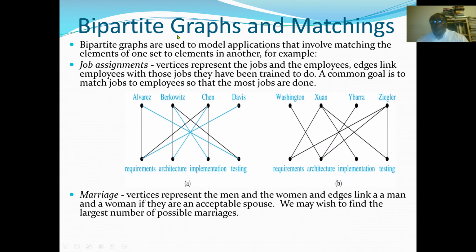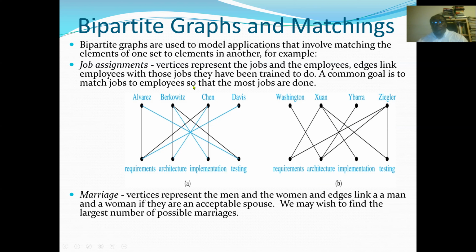And this is another example, for bipartite graphs and matching. Bipartite graphs are used to model applications that involve matching the elements of one set to elements in another. So we have an example for job assignment.